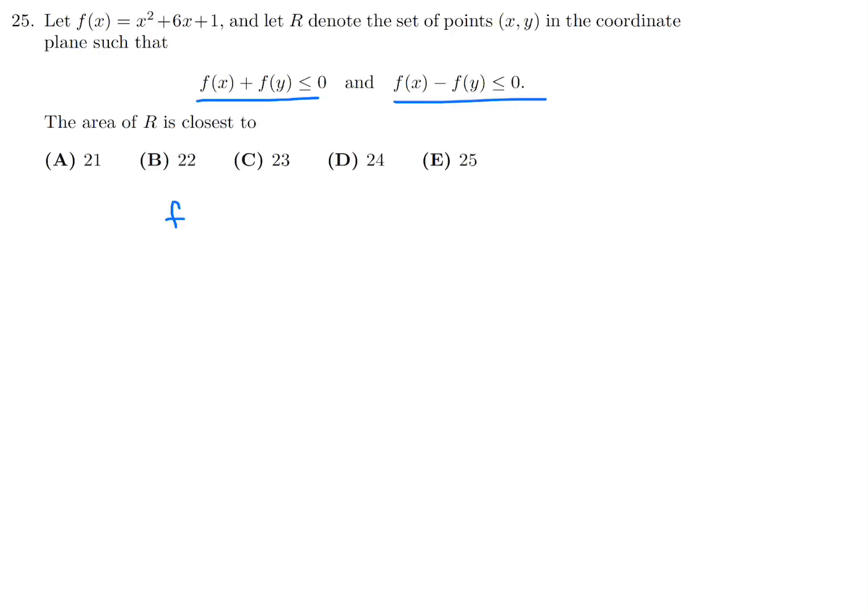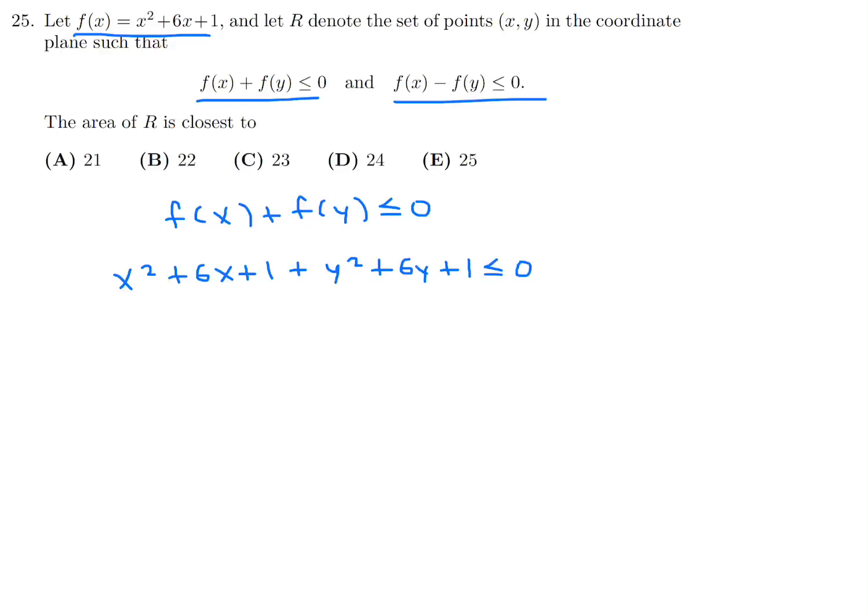We have f of x plus f of y is less than or equal to 0. So f of x is x squared plus 6x plus 1 according to the question, and therefore f of y would be y squared plus 6y plus 1, and this is all less than or equal to 0. So it looks like probably a circle.